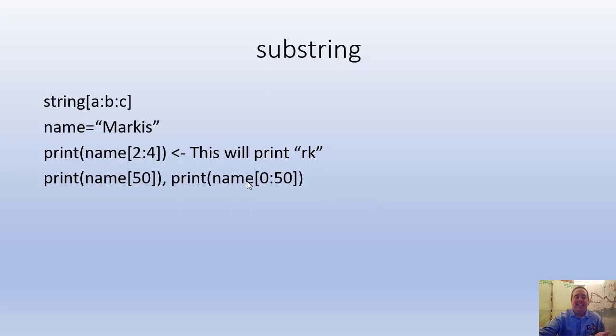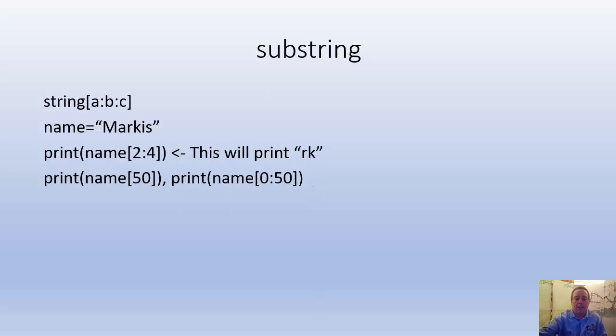You say go from 0 to 50. Well, it's just going to print Marcus and stop. It's not going to print Marcus and a bunch of spaces. And it doesn't give us an error. When I was first learning this, I thought, hey, I get an error for this, why don't I get an error for this? I don't know what the creators were thinking, but it just happens.